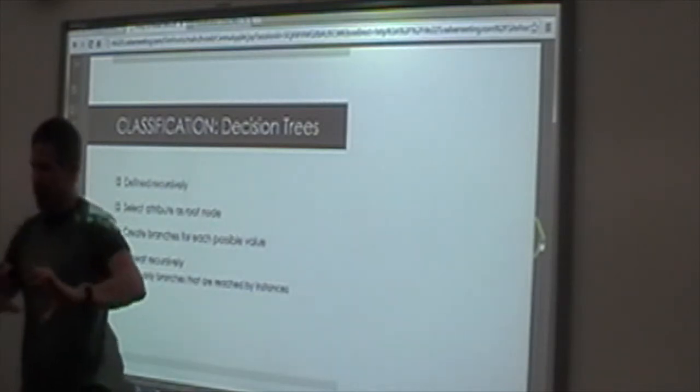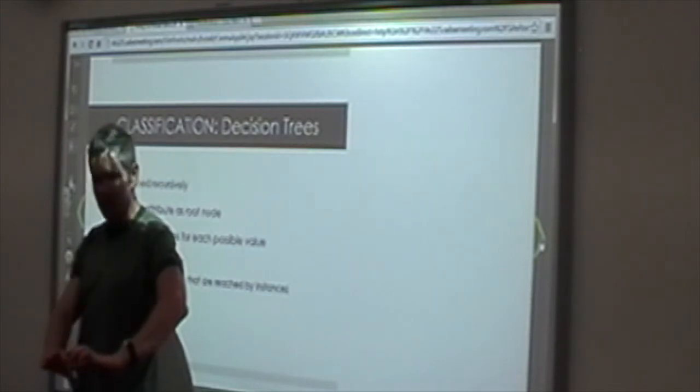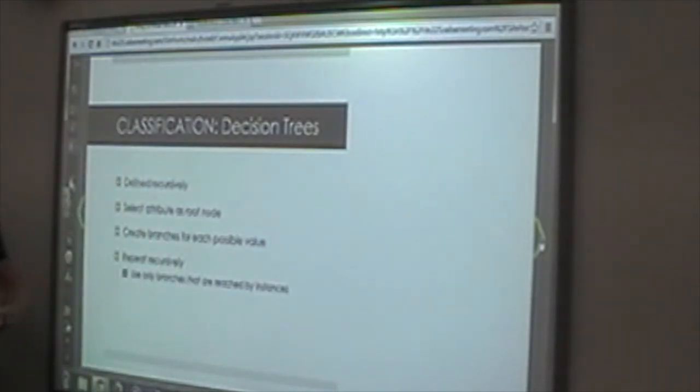Then we're going to recursively choose another attribute as our next node in the tree. We're only going to use branches that are actually reached by the instances. So if you have a possible label but no instance actually gets there, then you ignore it.